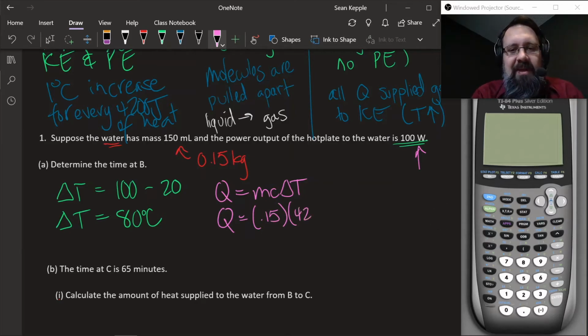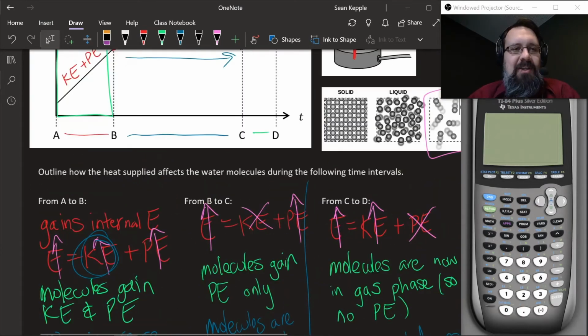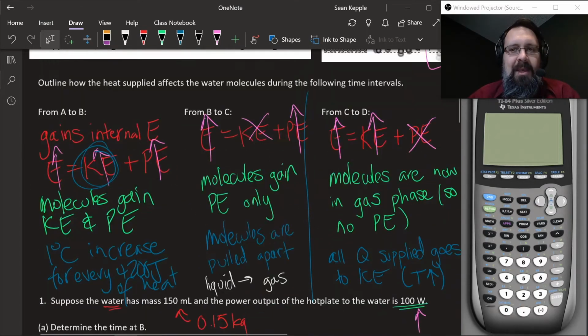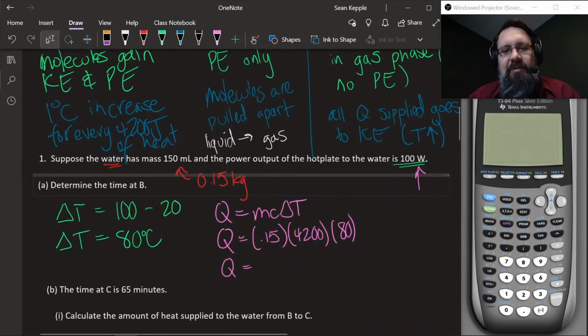The specific heat is 4,200. The change in temperature was 80. And so this will tell us how much heat was supplied to the water when it reached point B, because at point B, it's reached 100 degrees Celsius. It's reached the boiling point of water. We want to calculate how much energy it took, and then once we have the energy, we can convert that into a time.